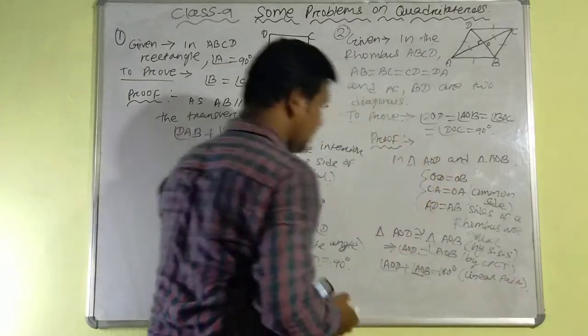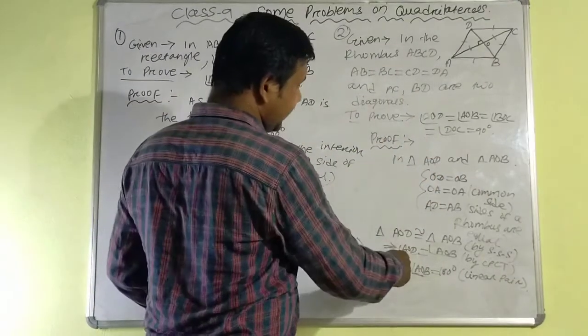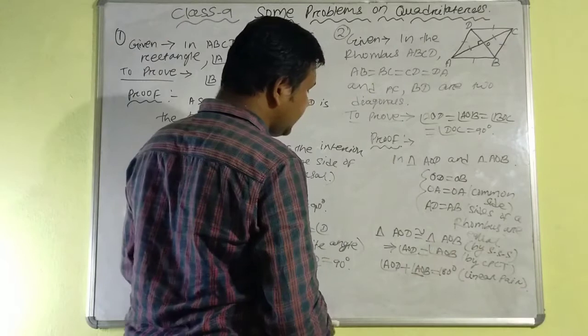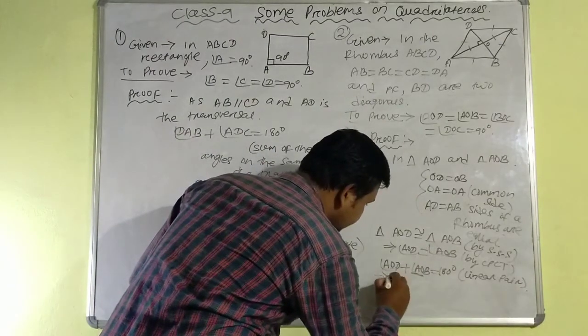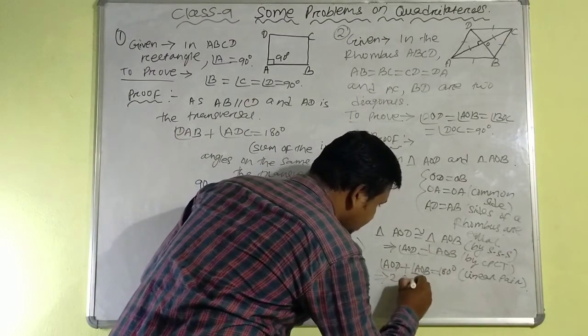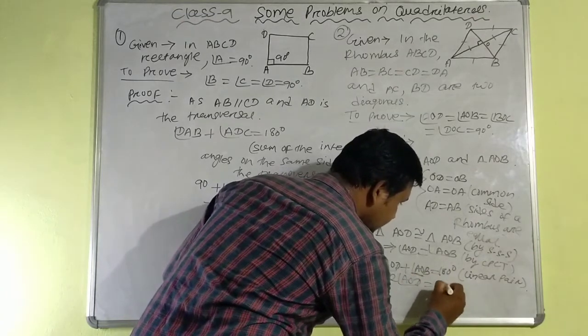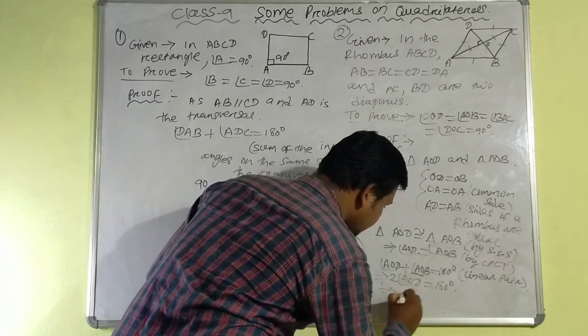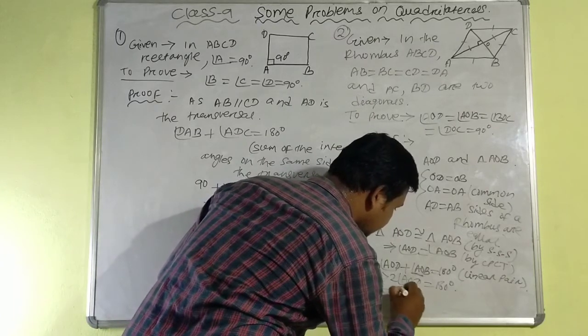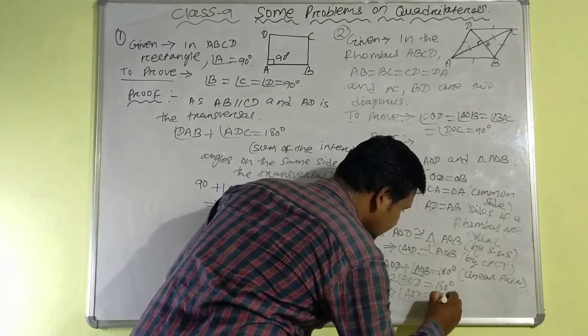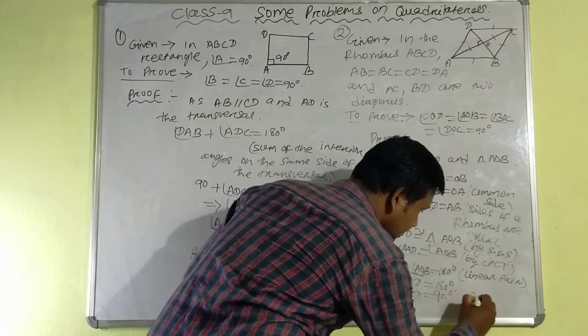But given here AOD equal to AOB, so we will write 2 times angle AOD equal to 180 degrees. This implies angle AOD equal to 90 degrees. Hence proved.